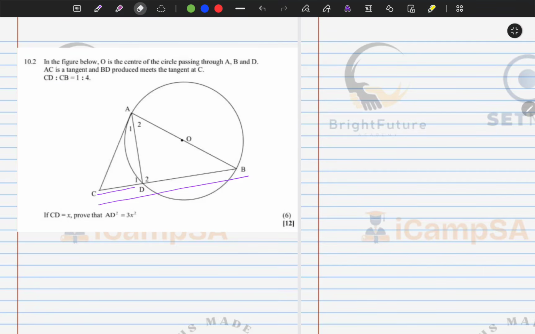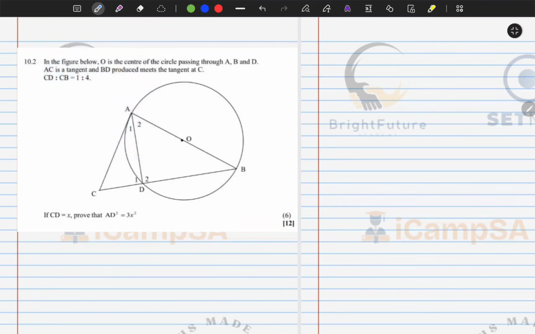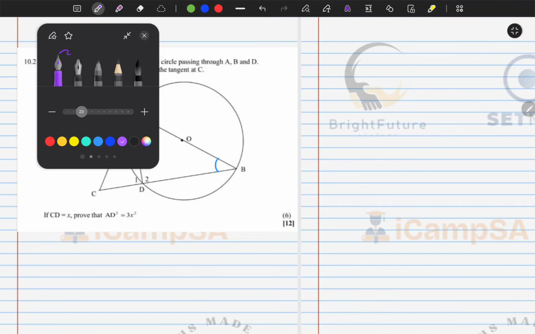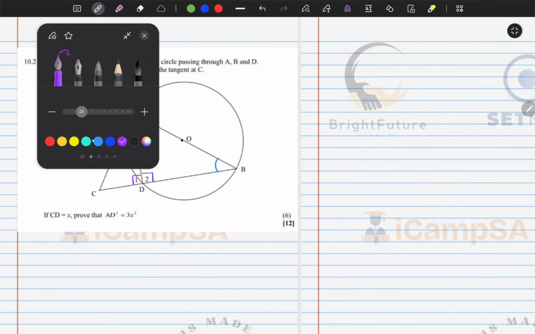So let's go ahead and work out what is happening here. The first thing that I'm going to do is to quickly mark angles that are equal. So this angle here is equal to that one, okay? And then this angle D2, angle at the center, or angle in a semicircle, that will be 90. And then even this one will be 90, because angles on a straight line should add up to 180 degrees.